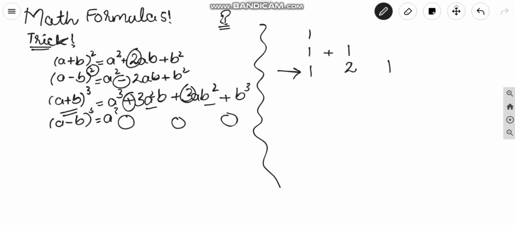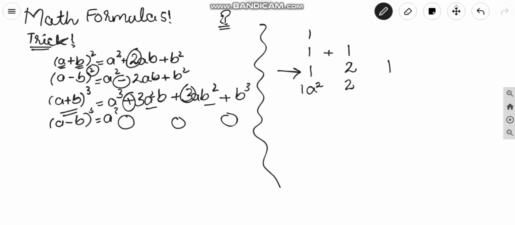Notice it. These are the coefficients of your polynomial (a + b) whole square. You can use it for (a - b) whole square with the trick that you can alternate the sign. Just for example, expand it. First, you have to write, this is the first variable, this is the second variable. First, you have to write the coefficient 1 and the full power of the first variable.